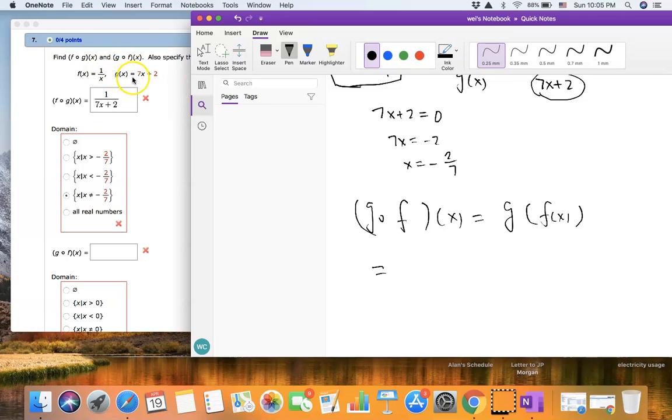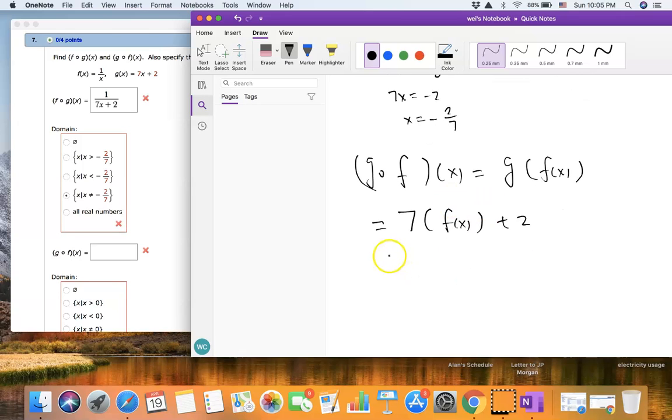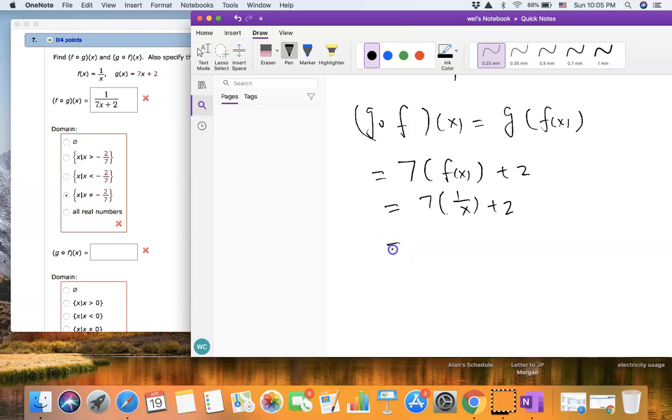So g(x) is 7x plus 2. So now we're gonna write this as 7 times f(x) plus 2. And f(x), we know f(x) is 1 over x. So this is 7 times 1 over x plus 2.